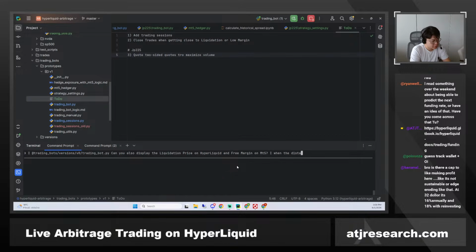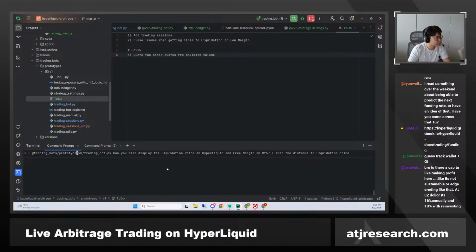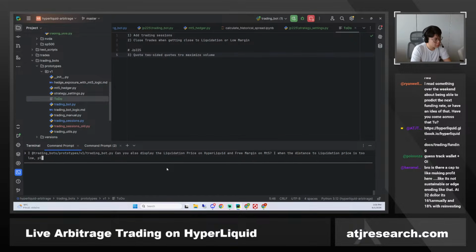When the distance to liquidation price, oh, it's not in V0. I want to add it to V1. That's my bad. In prototypes, can you also display when this distance to liquidation price is too low, or MT5 free margin gets too low?